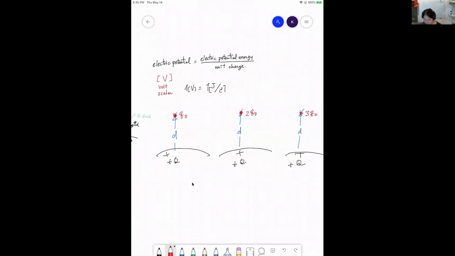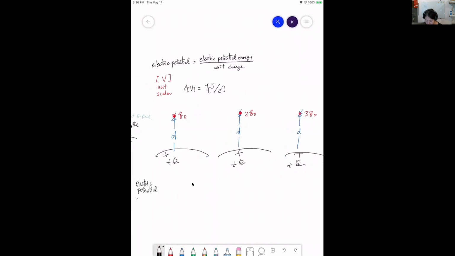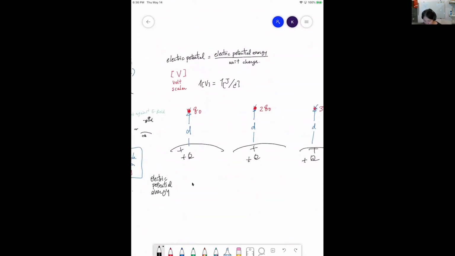So what would be the electric potential energy for the Q naught, right? That is electric potential energy, UEL, and that's in joules.